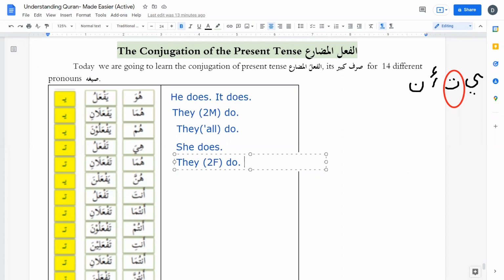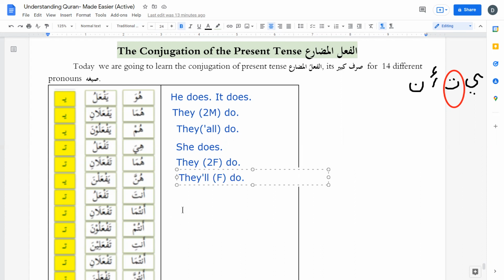And then we see that the same way, third person singular feminine, then third person dual feminine, and then third person plural feminine. For third person plural feminine, we know hunna. So they all are doing, or they all do something, and they are all females.